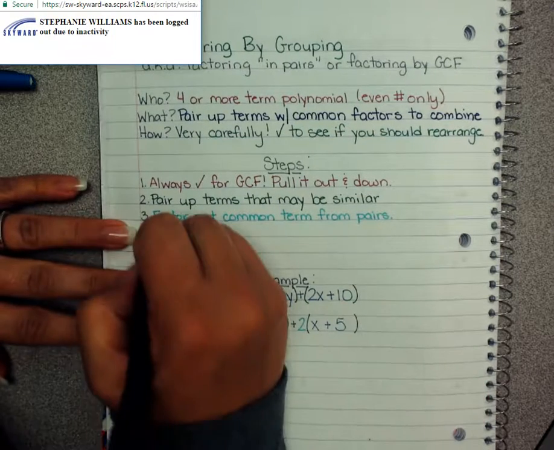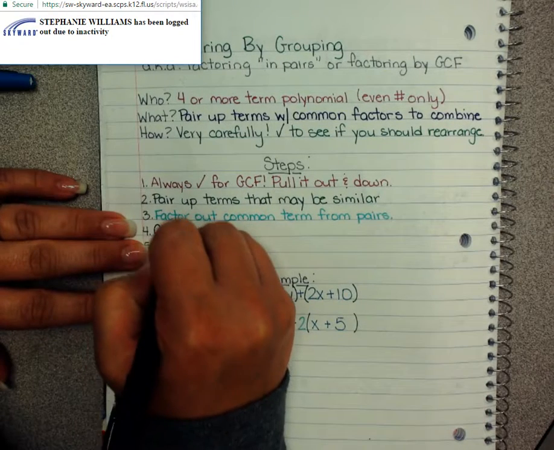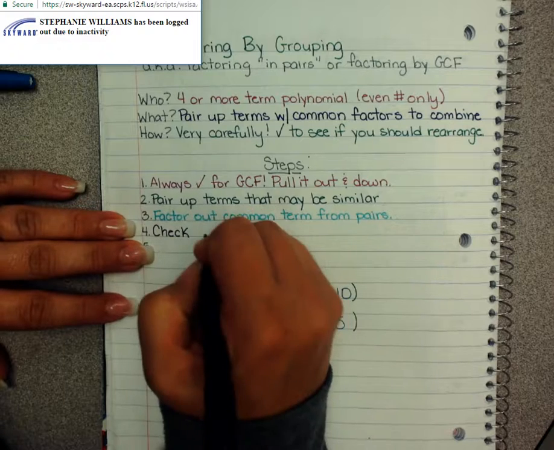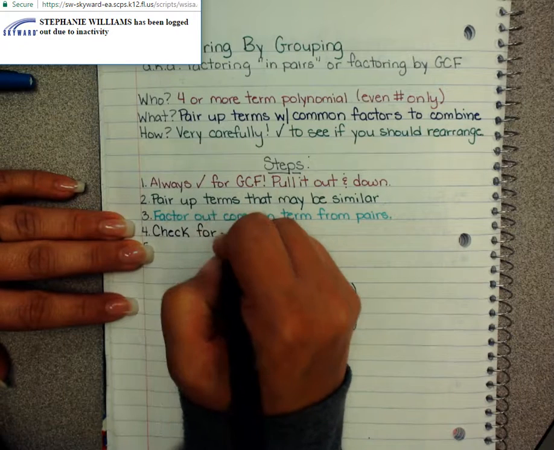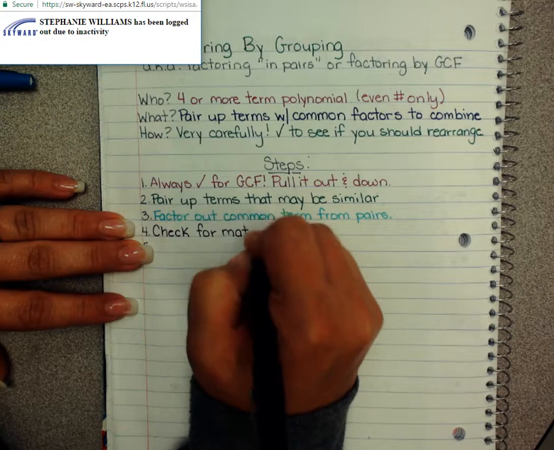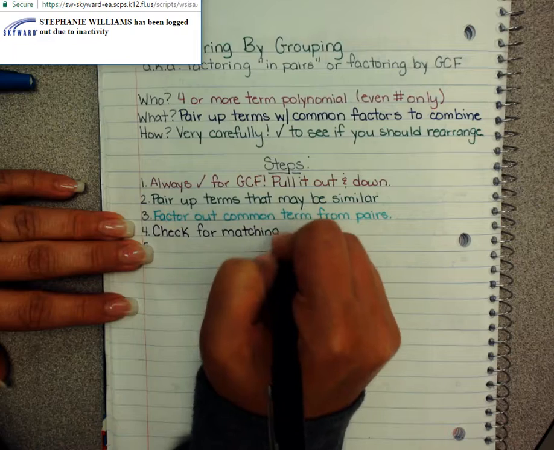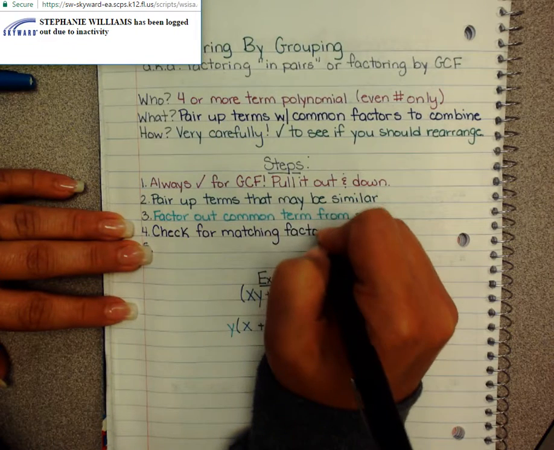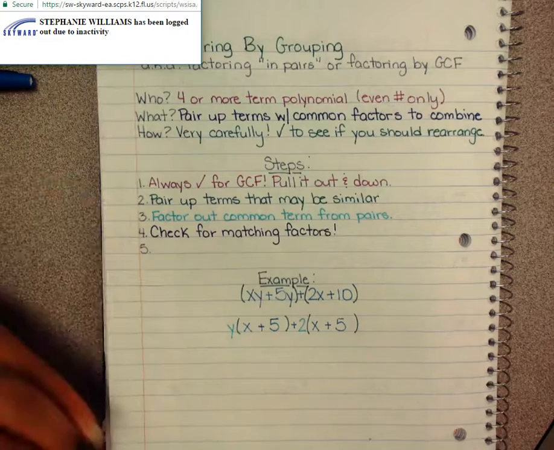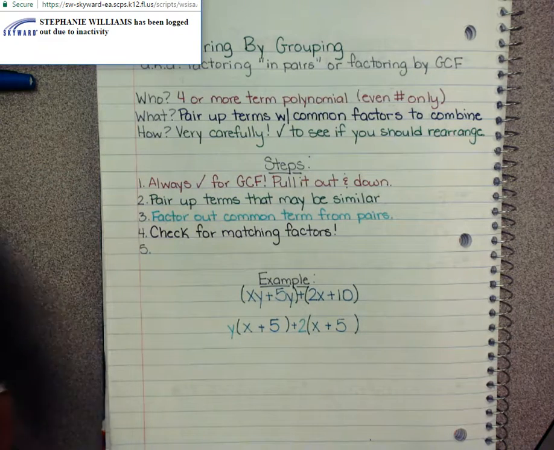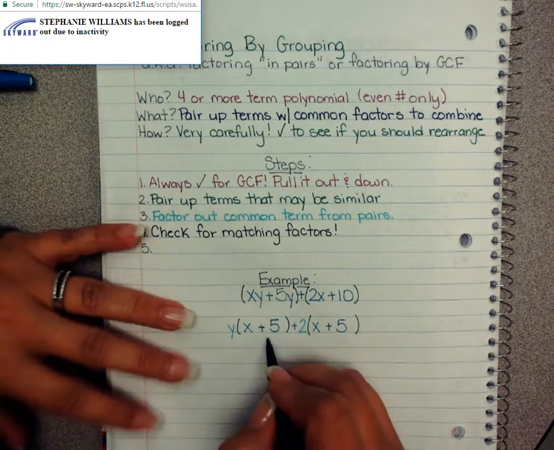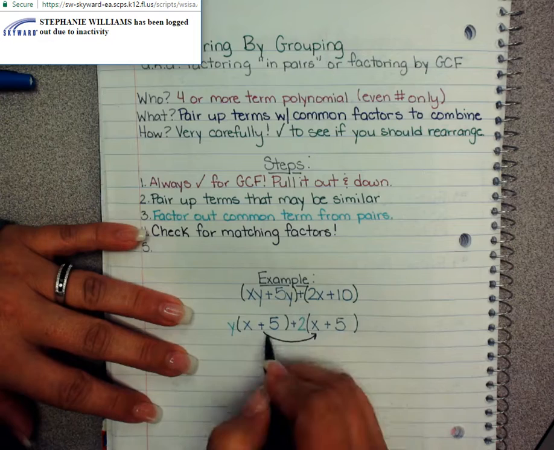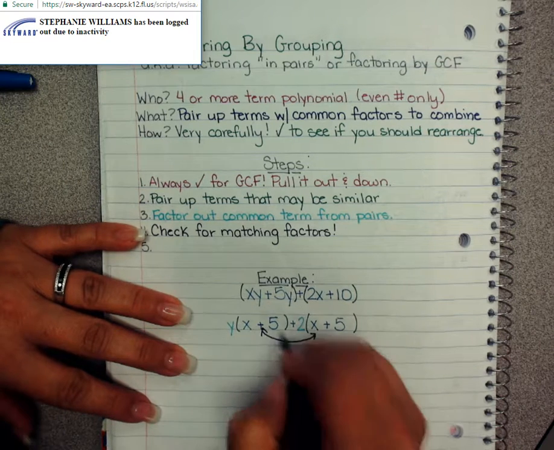Step number 4, check for matching factors. Okay, so if you're doing grouping correctly, you should have a set of matching factors. In this case, these are the same.